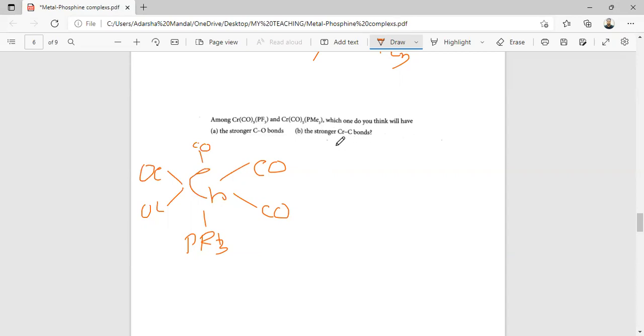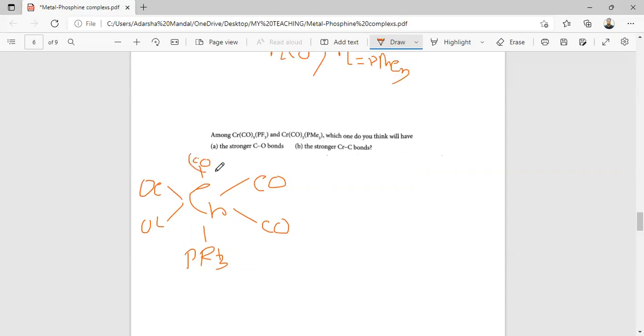So the metal, the chromium, the bond strength of the chromium-carbon and the bond length of this carbonyl will depend on the electron donation property of this PR3 group.